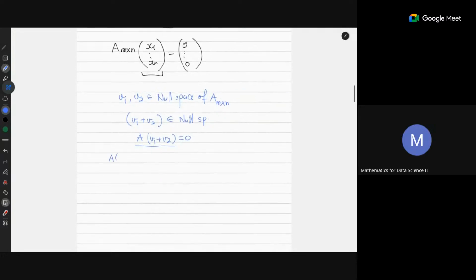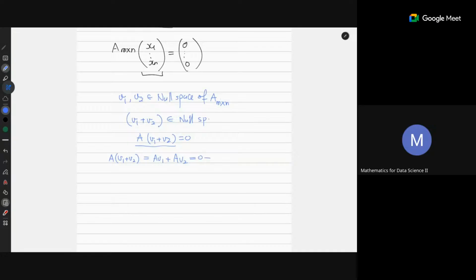This is equal to Av1 plus Av2. Now, what is Av1? Zero. Yes, Av1 is 0.